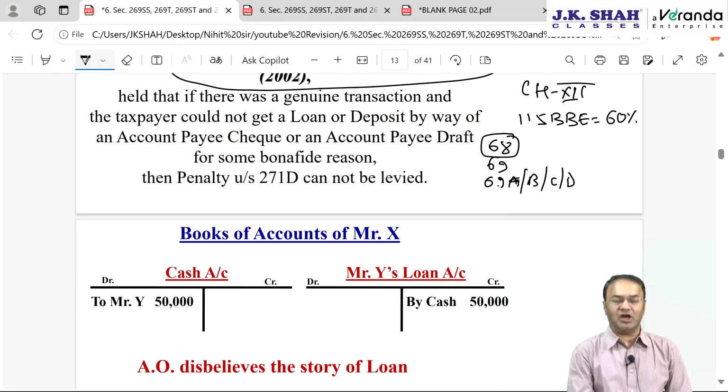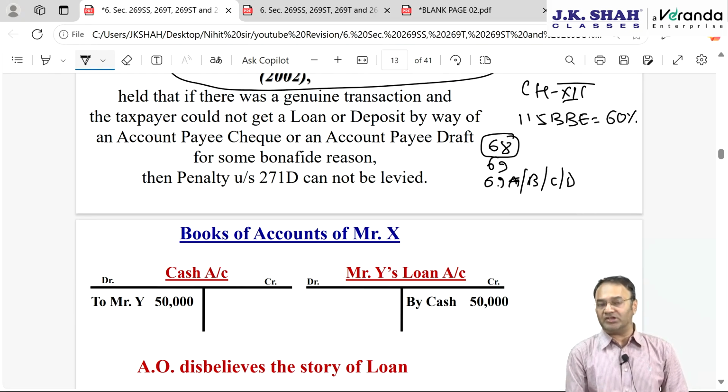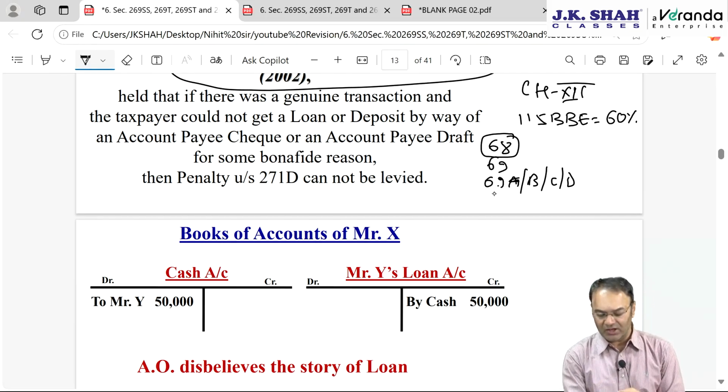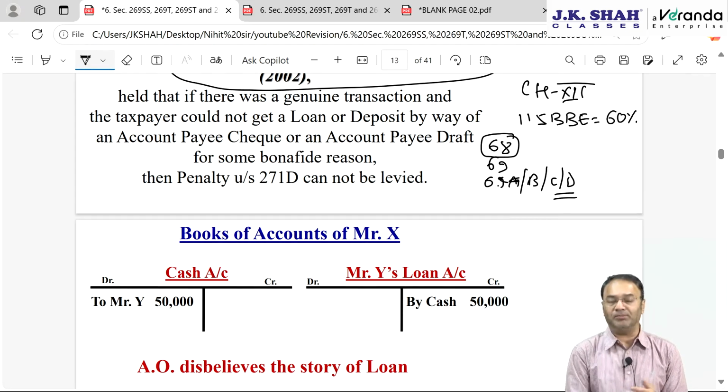Unexplained investments, unexplained cash credit, unexplained money, bullion, jewelry not fully disclosed, unexplained expenditure, and the last one is acceptance or repayment, borrowing or repayment on hundi, otherwise by way of account payee cheque, account payee draft.